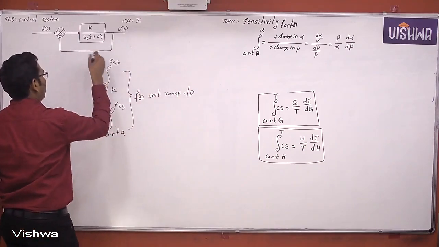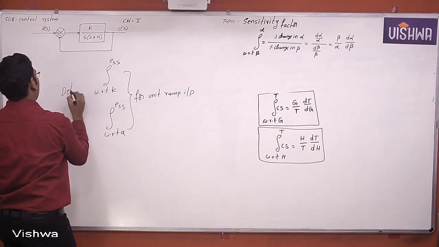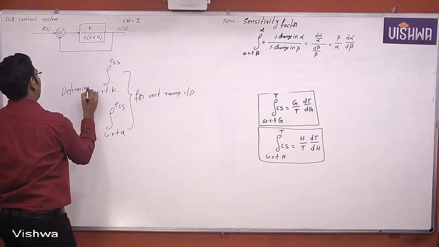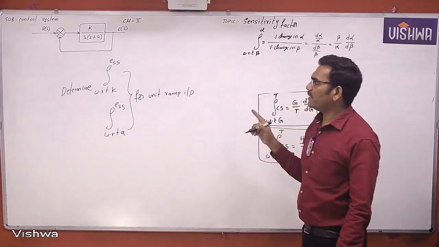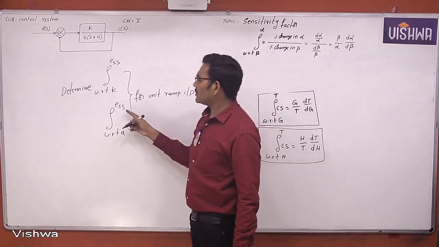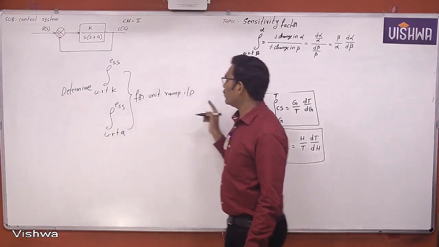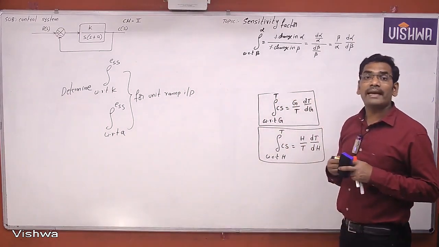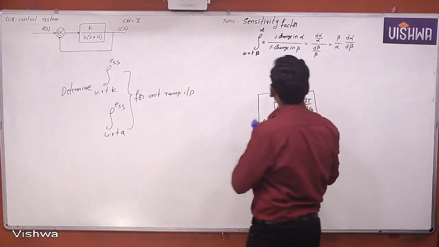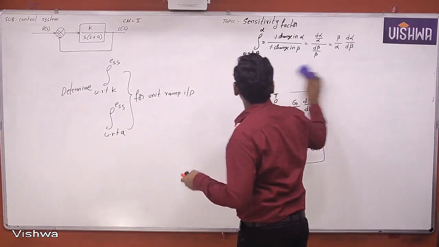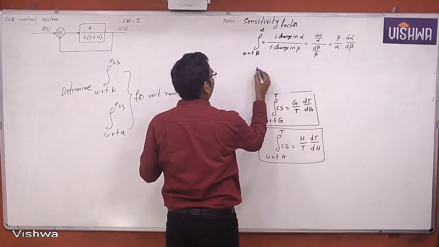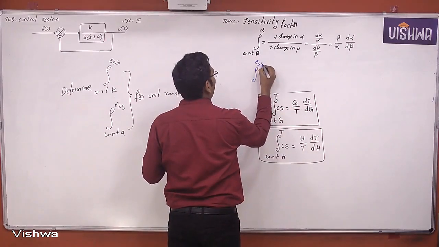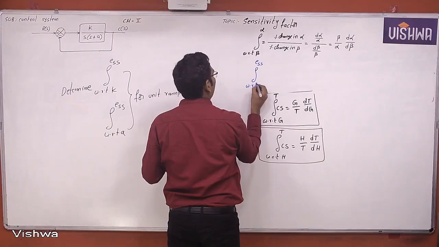By considering the following block diagram, determine the sensitivity of steady state error with respect to k and the sensitivity of steady state error with respect to a for a unit ramp input. Now first you write the formulas for that. So what is he asking? He is asking to find the sensitivity of steady state error with respect to k.